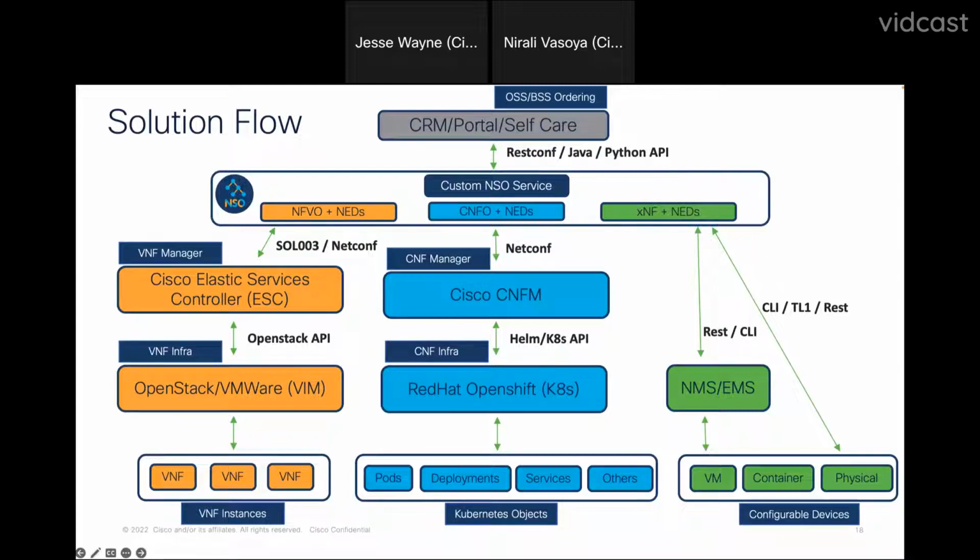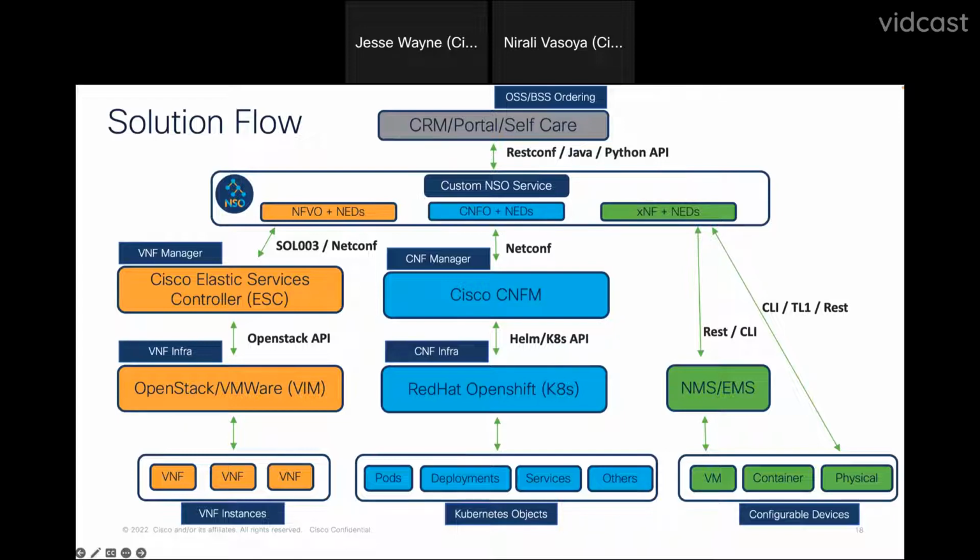One is NFVO plus NEDs, which takes care of VNF lifecycle management. The other one is CNFO plus NEDs, which is what we are going to look at today in the demo, which takes care of container lifecycle management. And then you have your physical network functions and the NEDs taking care of all the physical devices.